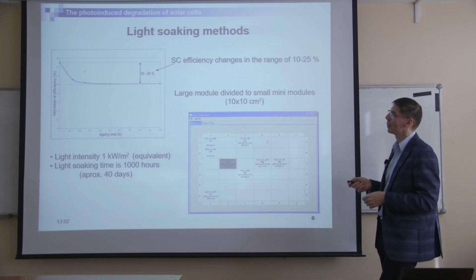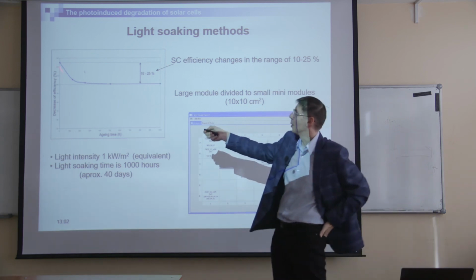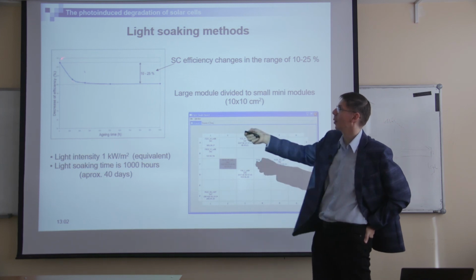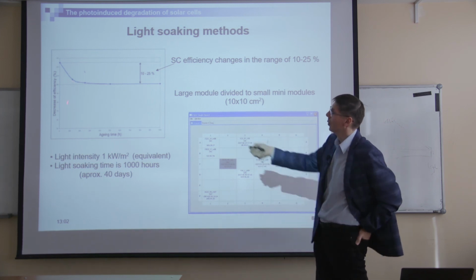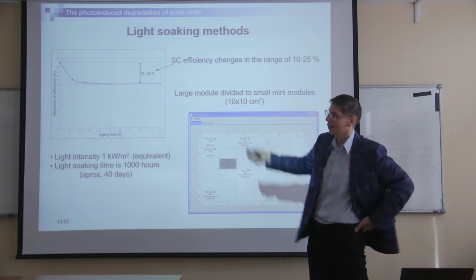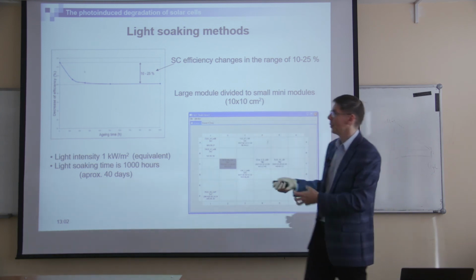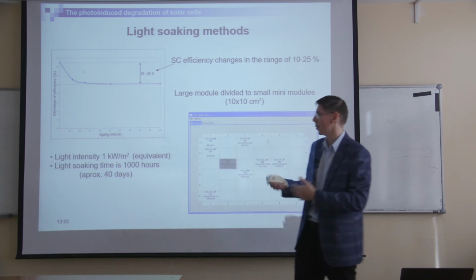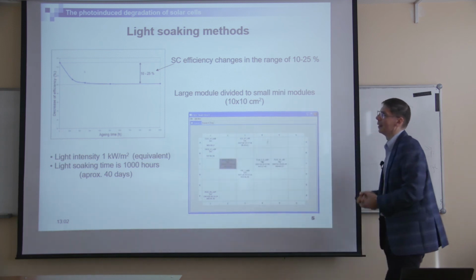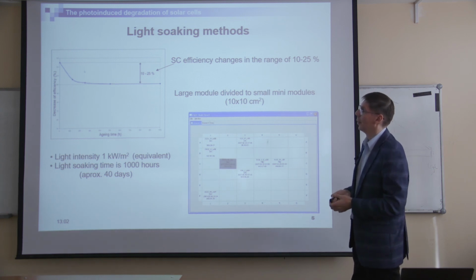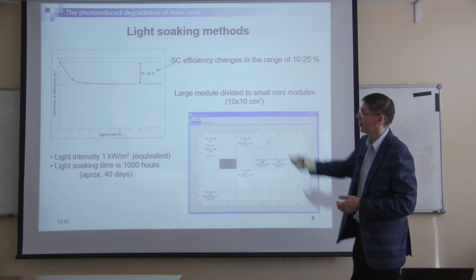And of course, you perform some intermediate measurements to get this curve. It's not only the first and last measurement. So normally you can take your cell and make some intermediate measurement, and then do it again. And you can get this nice curve.